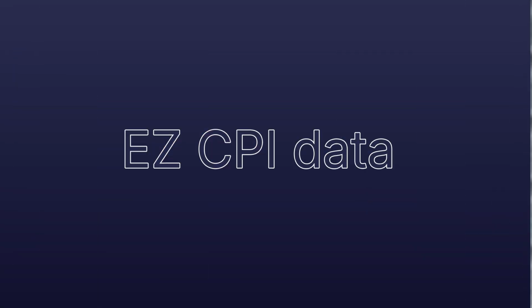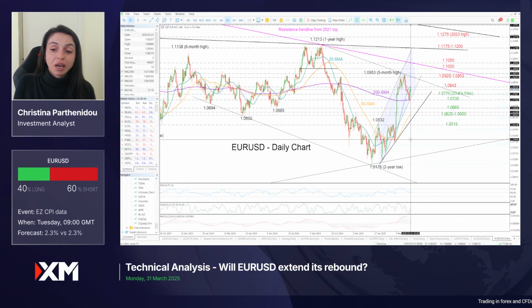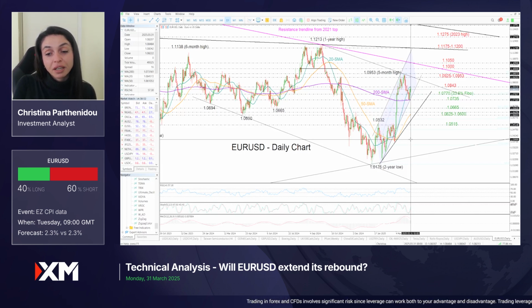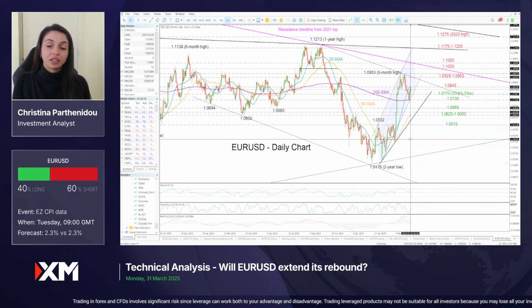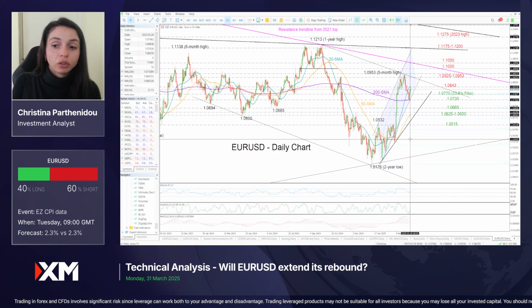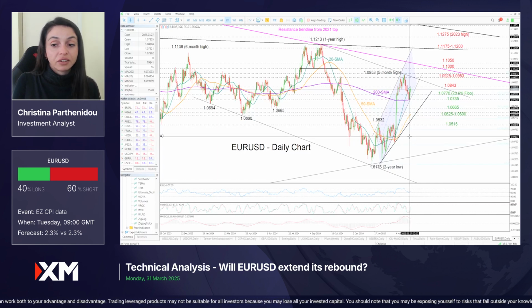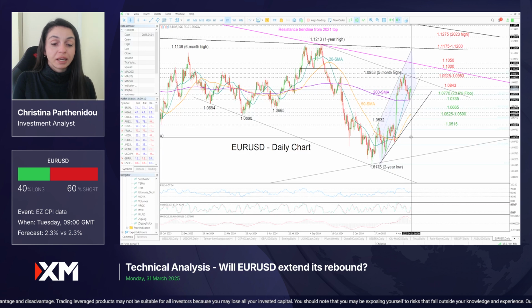CPI data. Well, the headline CPI inflation figure is expected to come in steady at 2.3% year on year. The core measure is expected to ease slightly to 2.5% from 2.6% previously, but overall, even if the data surprise to the downside, the euro may not react aggressively, may not respond swiftly, as investors are pretty confident that the ECB will cut interest rates by 25 basis points in April.